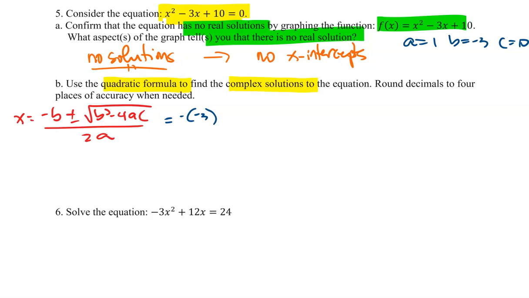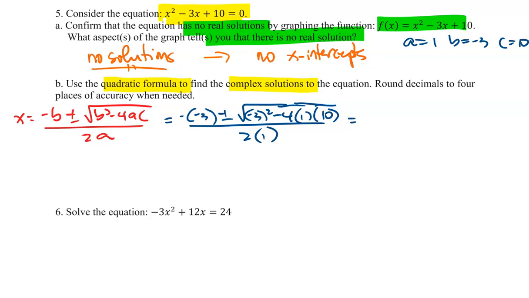Negative of -3 plus or minus the square root of -3 squared minus 4ac, all over 2a, times 1.